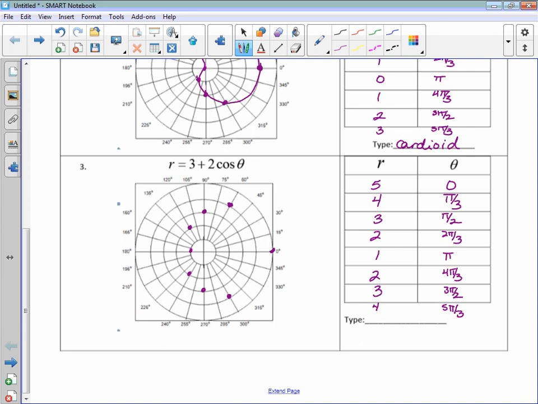Start with the 5, 0 over there. Again, I hope yours is prettier than mine. That's going to look like a one.